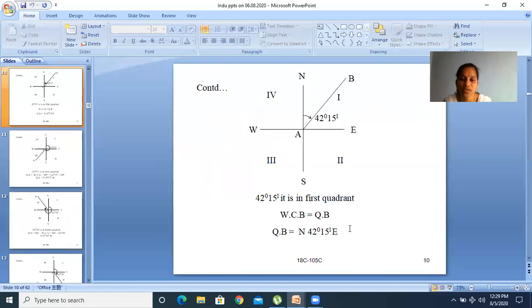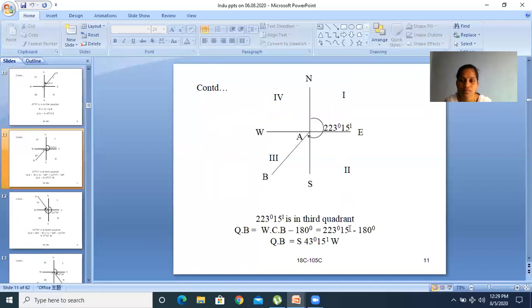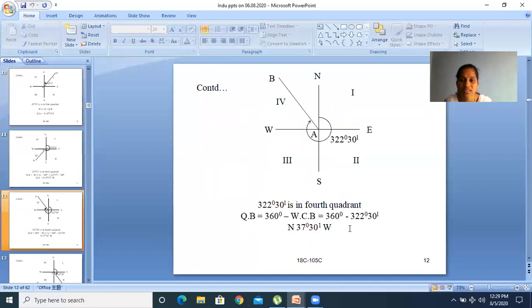So the first one is 42 degrees 15 minutes. It is in the first quadrant, AB line, first quadrant. QB is equal to north 42 degrees 15 minutes east. The second one is 322 degrees 30 minutes, which lies in the fourth quadrant. In the fourth quadrant, QB is equal to 360 degrees minus WCB.